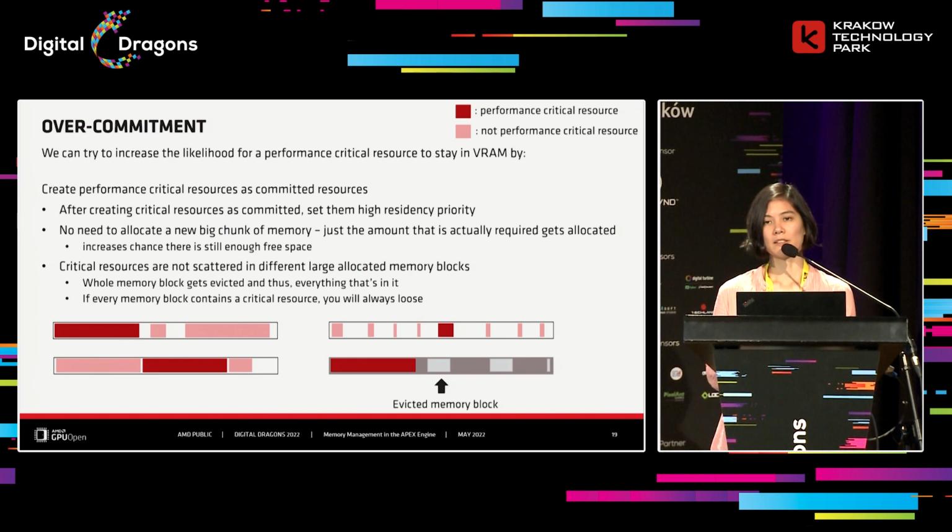So the probability that you find enough free space is a bit higher. And also critical resources don't get scattered across a lot of different memory allocations that way. Because if you have in every memory allocation at least one critical resource, then you will always lose as soon as something gets migrated. And you want to avoid that.